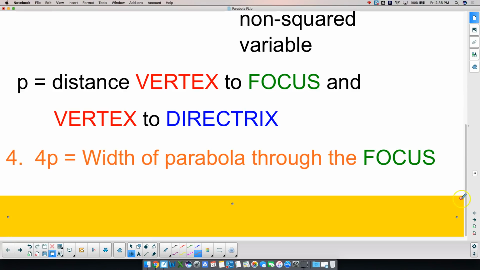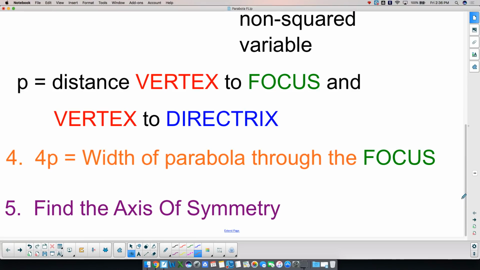And last but not least, we find our axis of symmetry, which is going to be perpendicular to the directrix. Okay? Side note, if I'm going too fast for you, remember that you can always pause, rewind, and re-listen to this wonderful, wonderful message.